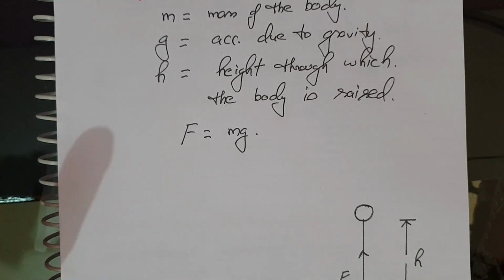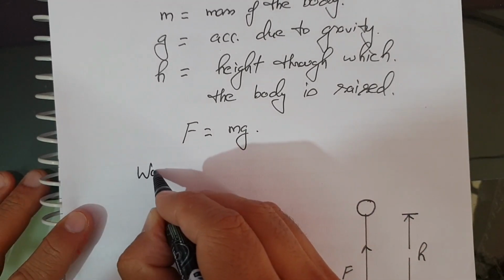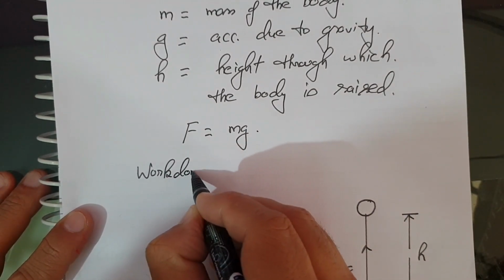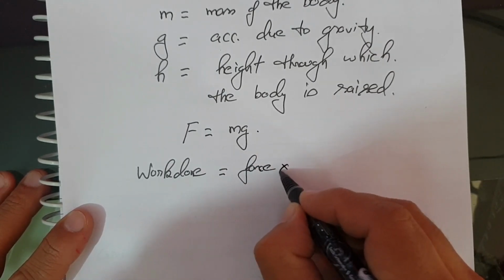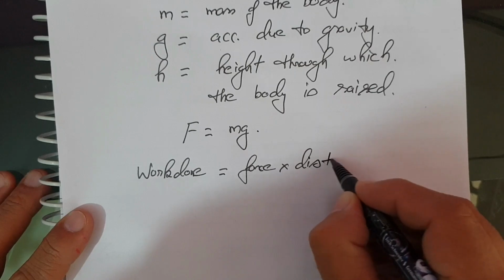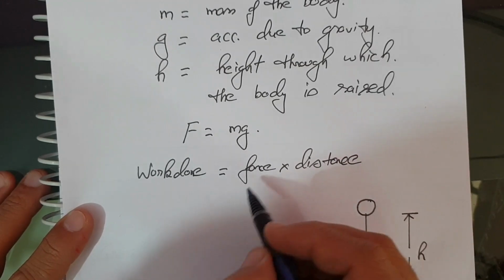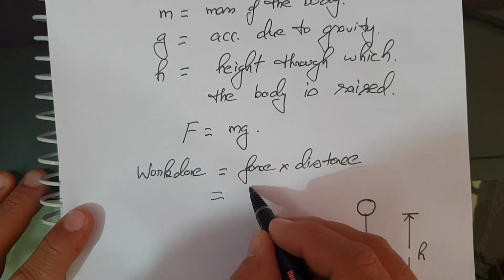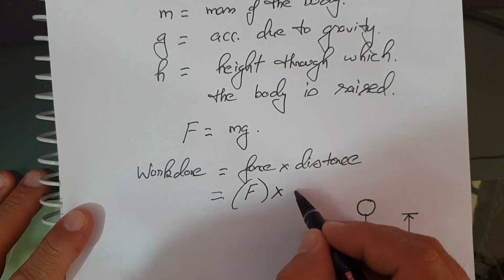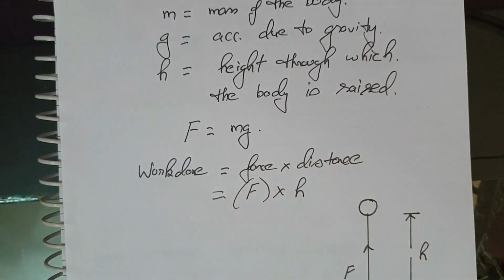Now what is the work done? Work done equals force into distance. We have calculated the force to be mg, so just write F. Distance is basically h, the vertical height above.